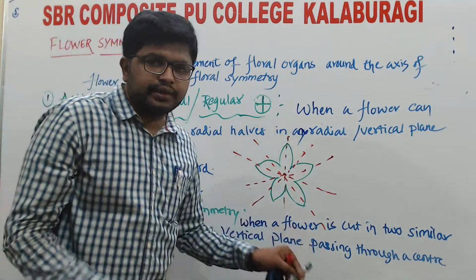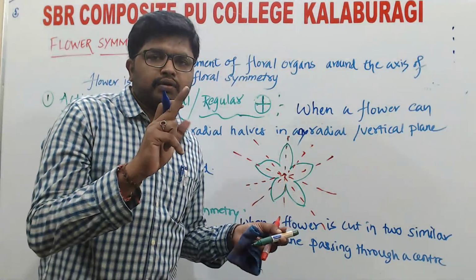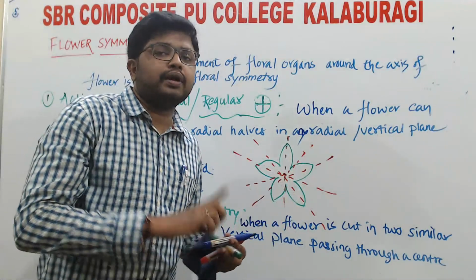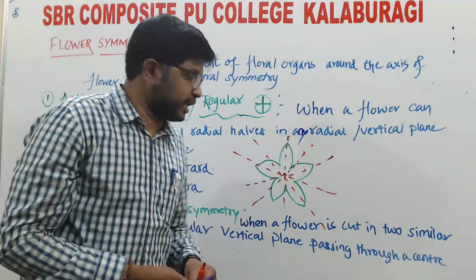When a flower is cut into two similar halves by only one particular vertical plane passing through the center, we call it zygomorphic.